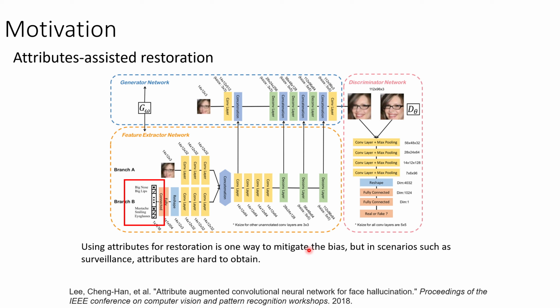So we definitely cannot tell a person's attributes from the video, and a witness is not always available. So it's sometimes impractical to expect to have attributes in real-world applications.